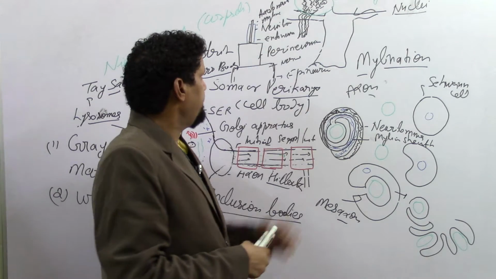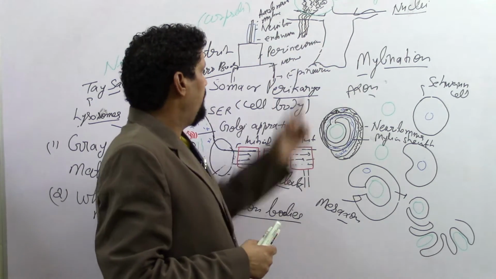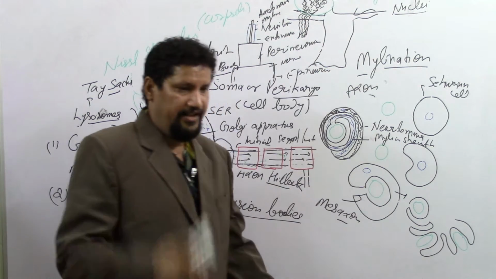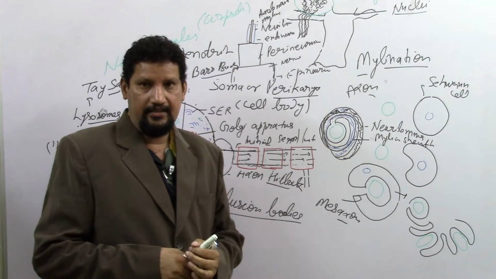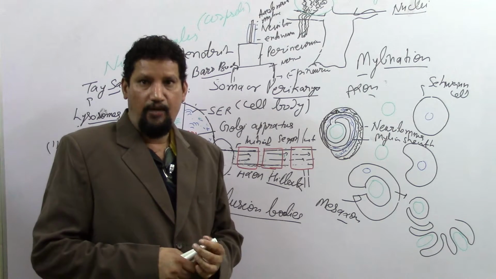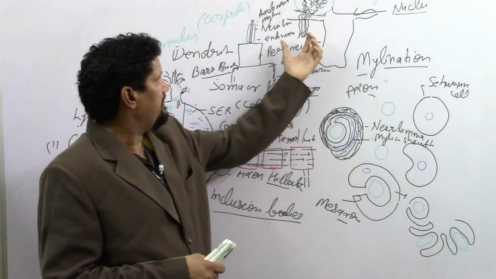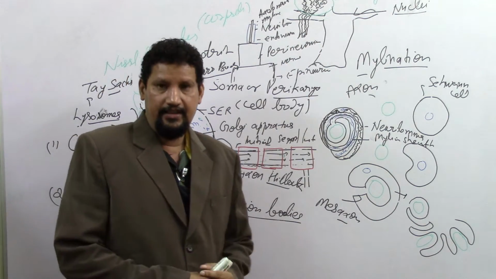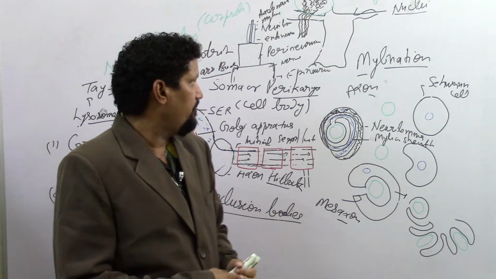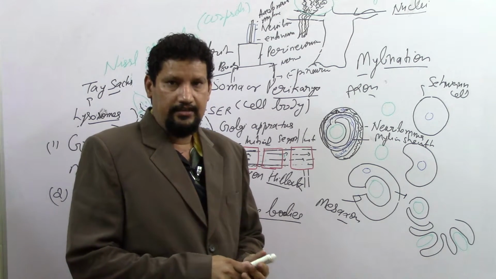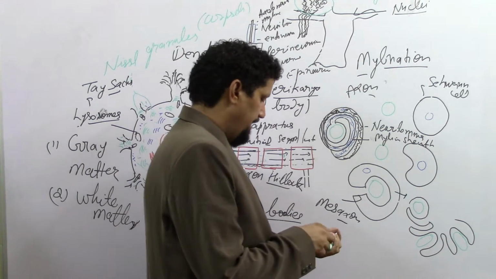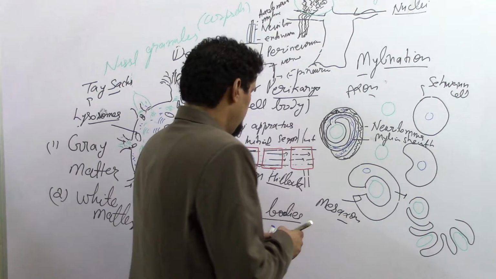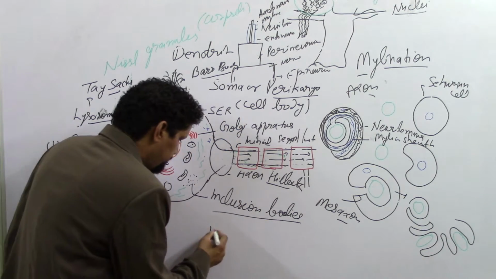So what is gray and white matter? When these fibers are in the vertebral column inside the CNS, these are known as tracts, like ascending and descending tracts of the spinal cord. When these are seen in the brain, they are seen in the form of three types of fibers.